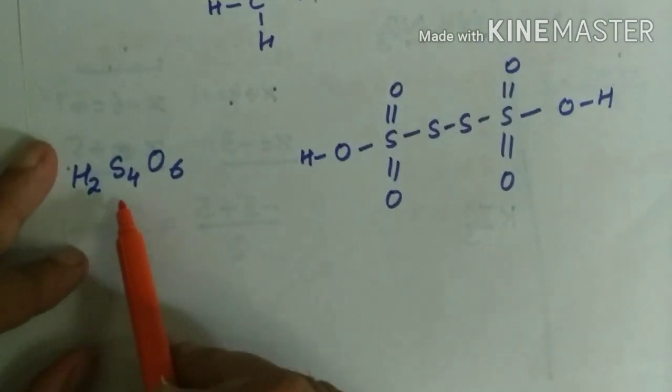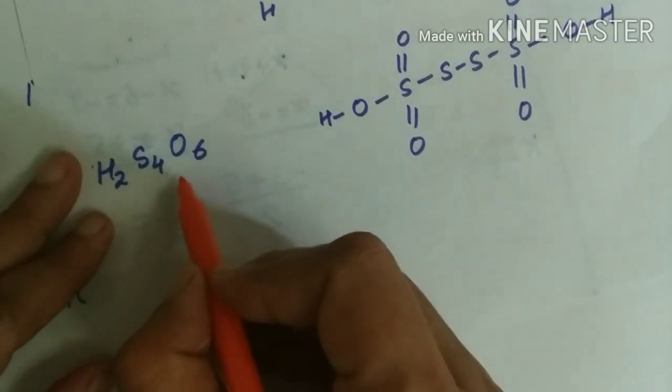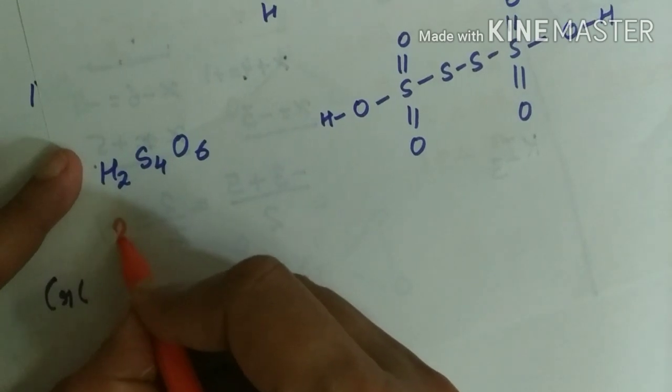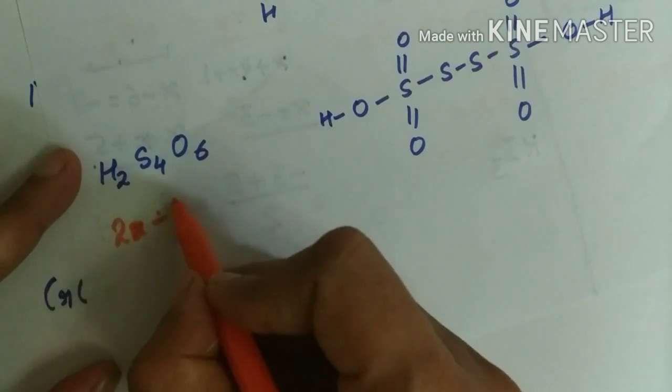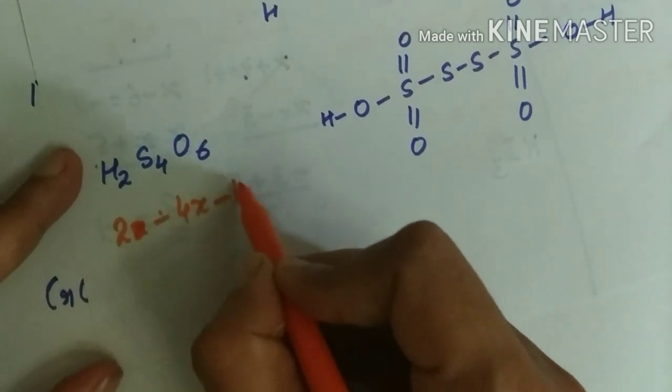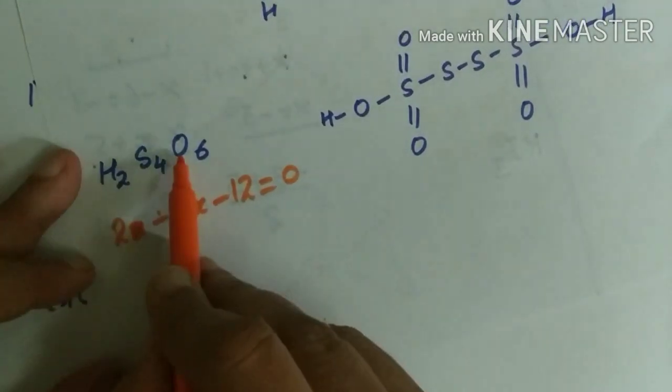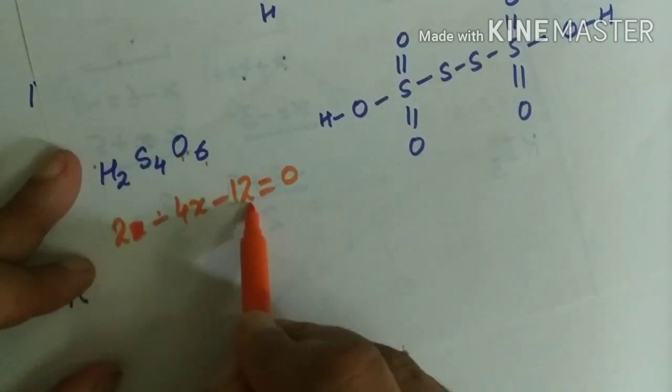Now let us see the next case. For the average oxidation state, first we will calculate. 2 hydrogen is +1, 4x - 12 = 0. Oxygen is -2, so it is -12.